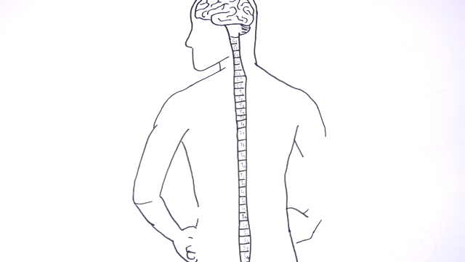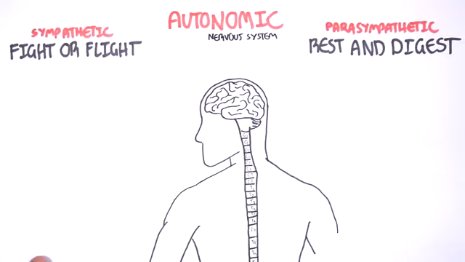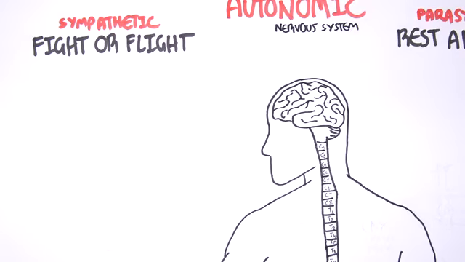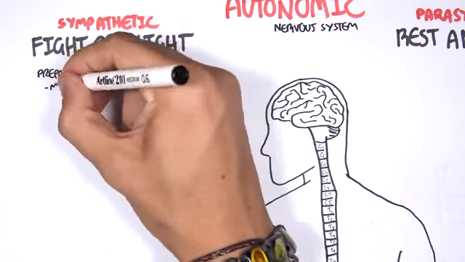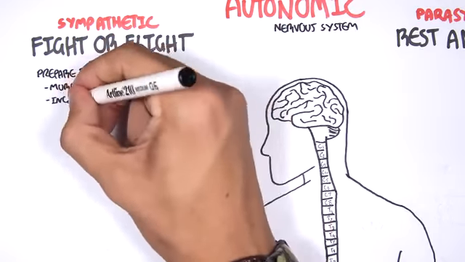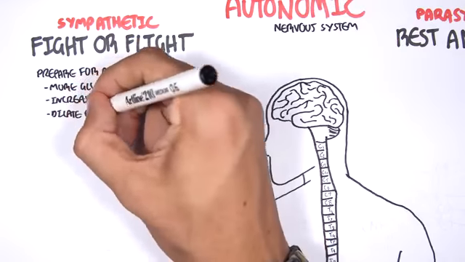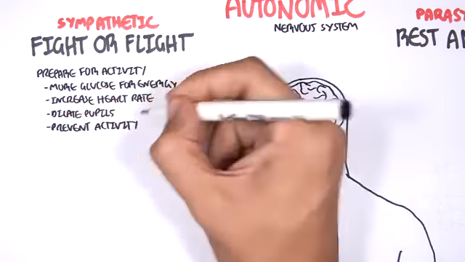Now let us look at the purpose and function of the sympathetic and parasympathetic nervous system and how they differ from each other. So the sympathetic nervous system, for example, prepares for activity. It provides more glucose so you can have energy. It increases the heart rate, dilates the pupils, and prevents the activity of digestion.